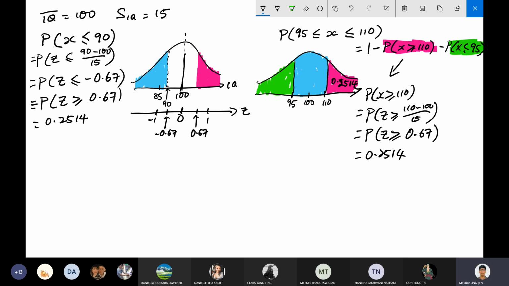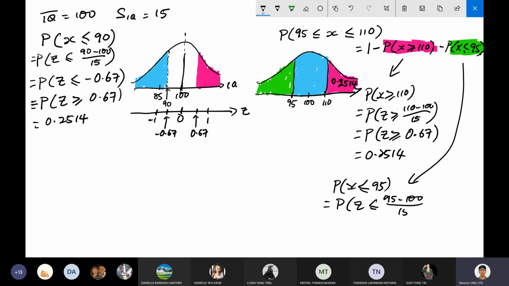Then we do the other one, which is here. P of x less than or equal to 95 equals z less than (95 minus 100) divided by 15. So it's what? Less than minus 0.33.